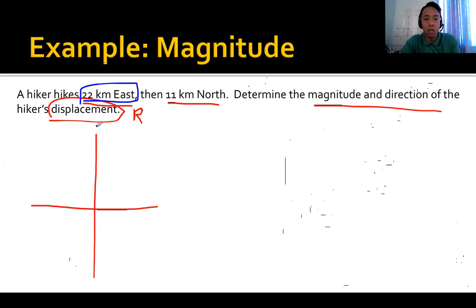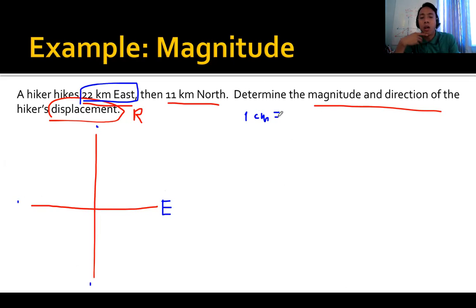This is north, east, west, south. And 22 kilometers is very long, okay? So we can say that 1 centimeter is equivalent to, ano kayang maganda?